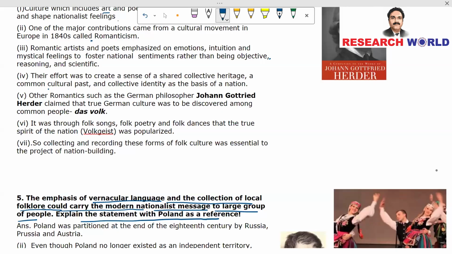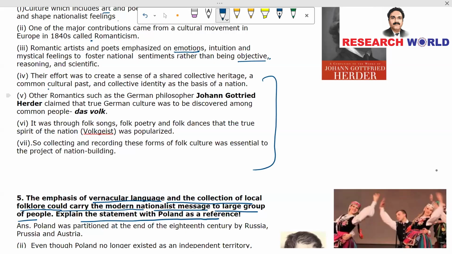So in the previous question, that is the fourth question, which you see here, we did discuss romanticism and romantic artists of 1840s in Europe, how they asked to emphasize more on emotions rather than objectivity and reasoning, so that national sentiments can be built up.